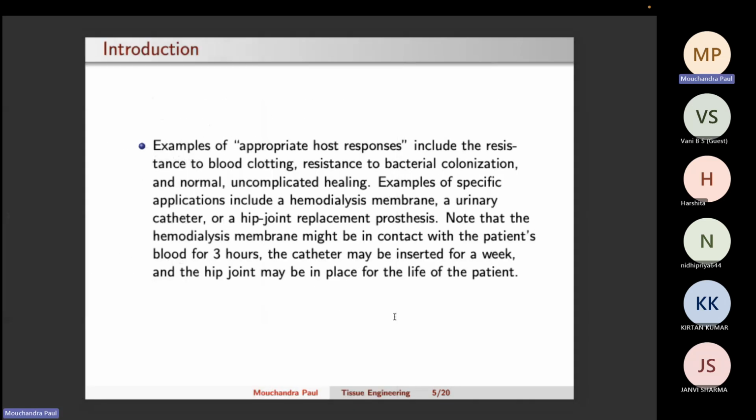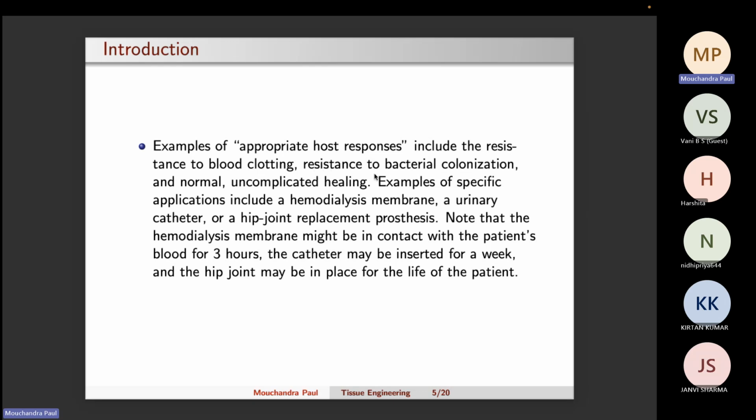A few examples are given here. An appropriate host response for, say, the medical device sector can be resistance to blood clotting. Your device should not trigger the clotting of blood, like the membranes used for hemodialysis, where the blood is coming and going, so clotting should not happen.